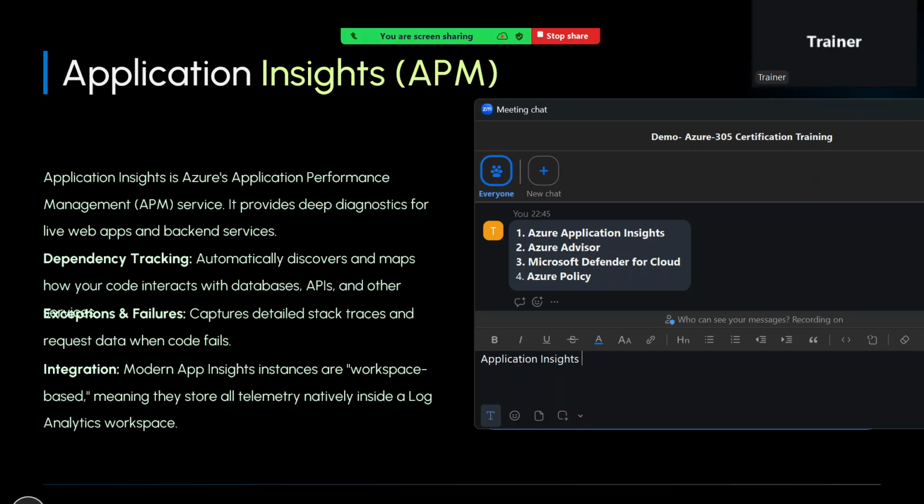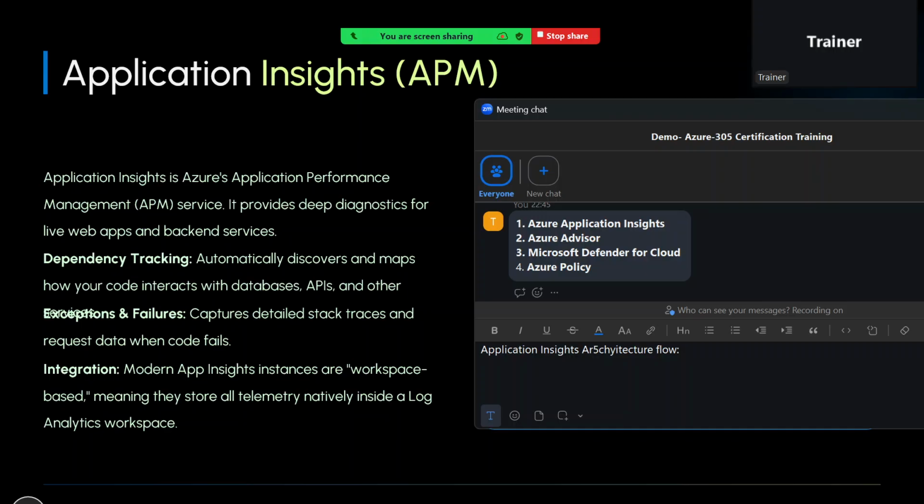Application Insights architecture flow looks like: it starts from users and goes to application, then it goes to Application Insights, then it goes to Azure Monitor.